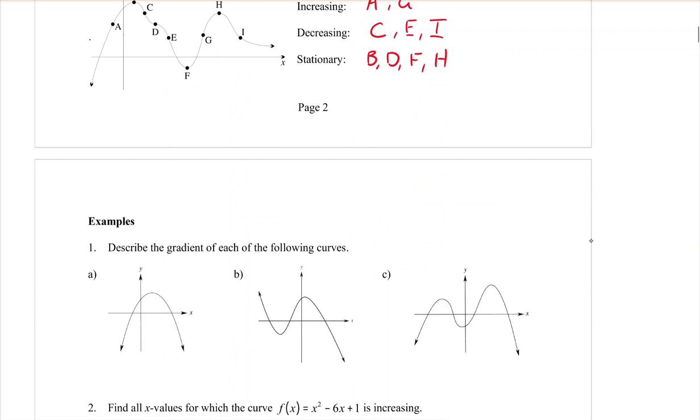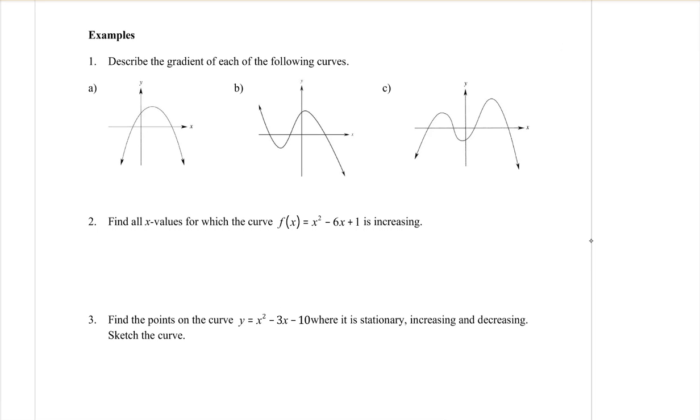Okay, next page. Describe the gradient of each of the following curves. So the important things to recognize are the turning points. So for A here, this turning point, the gradient would be 0. On the left-hand side of that turning point, the curve is increasing, so they are positive gradients.